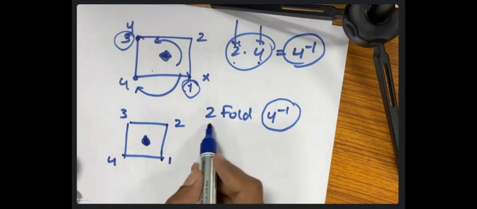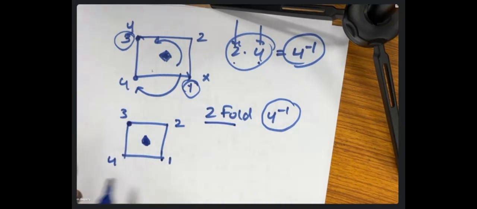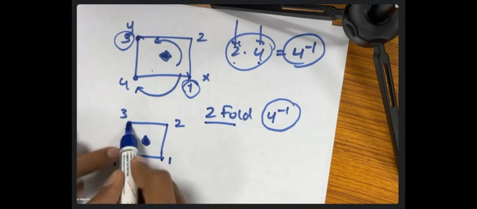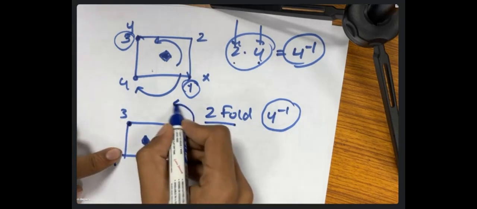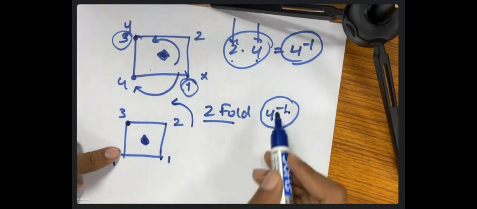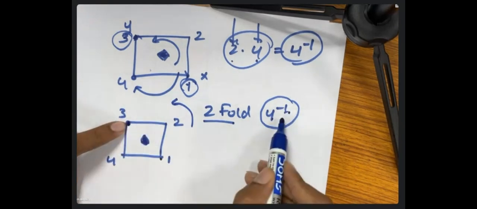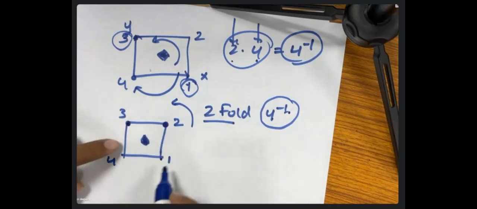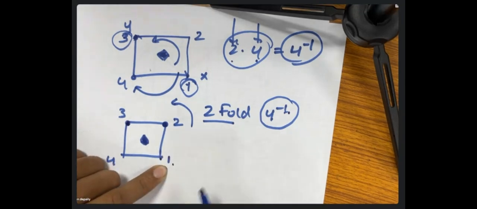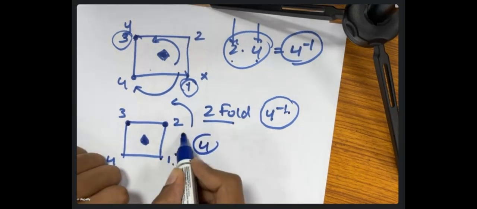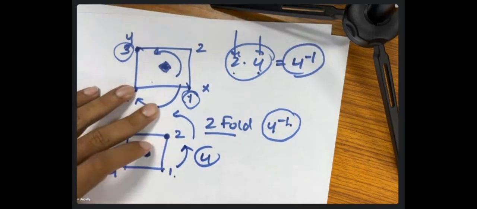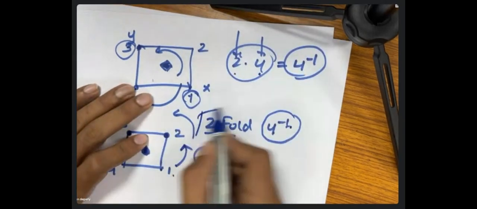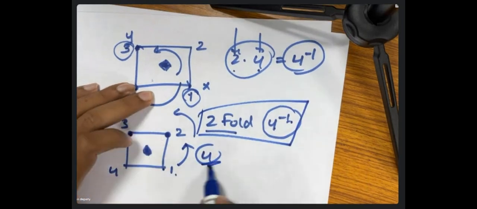Rotate 1 by the twofold, it will get to the point 3. Now, from this particular point, fourfold inverse, that is, rotate this particular point in the clockwise manner. So from 3, we will get back to the 2. So effectively, we are changing from 1 to 2 itself. And this can be done by the fourfold directly. So we can say that yeah, it is also forming the closure. That is, twofold followed by the fourfold inverse is forming the closure and it is giving the fourfold. So we can write here the fourfold.